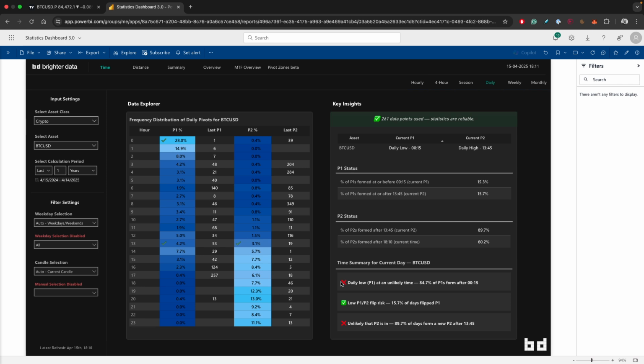And this is the mindset shift that comes in, because you might say, okay, but hour zero is a high probability pivot. Well, yes and no. It is a high frequency, high density pivot, right? But even if you have 28% of P1s in hour zero, you still have more than 70% of P1s later on in the day. So the highest probability is actually to put in P1 later than hour zero.